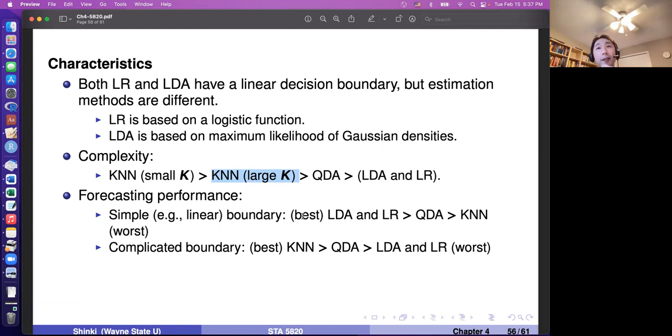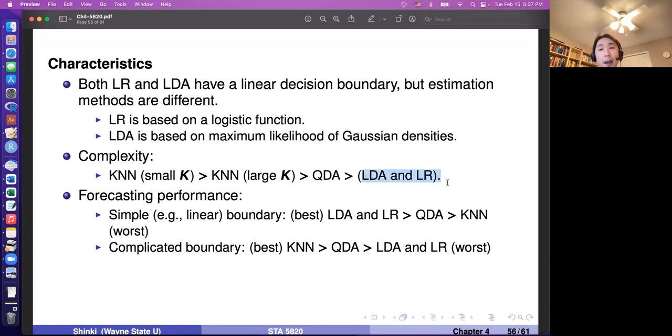It's not specific to that point, so the result is more stable, and the boundary becomes smoother than with smaller K. And QDA is a more parametric method. If the data size is large enough, it is less flexible but more robust in estimation than KNN.